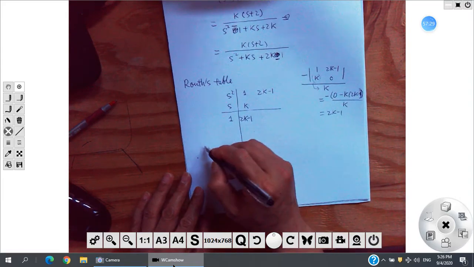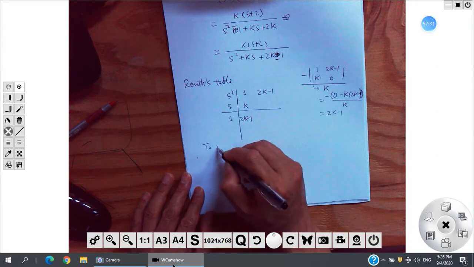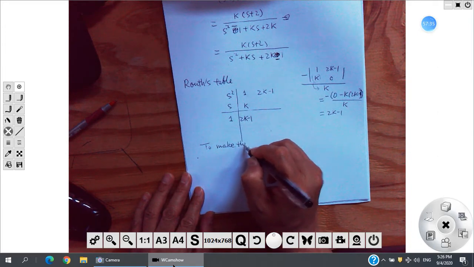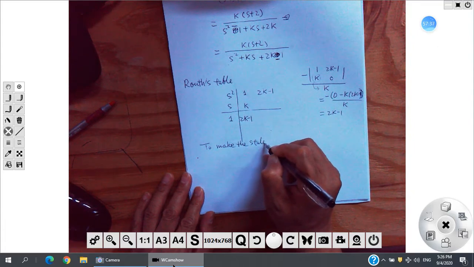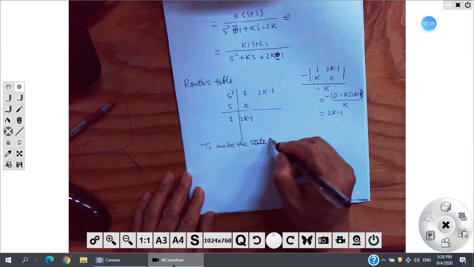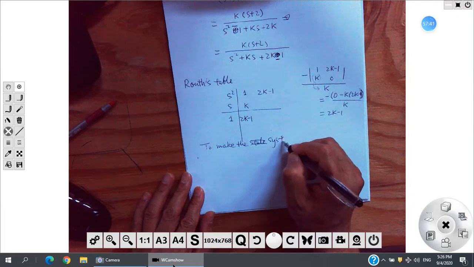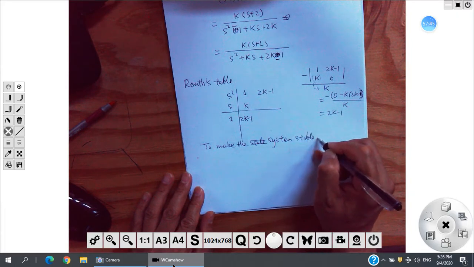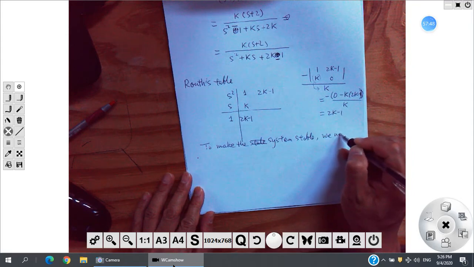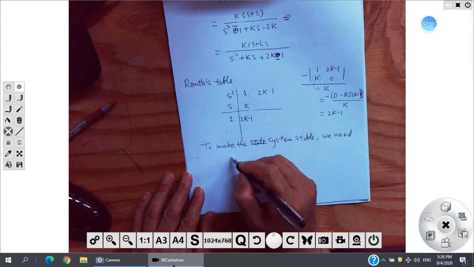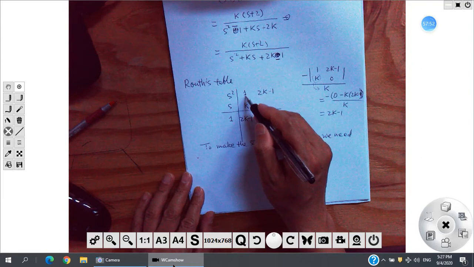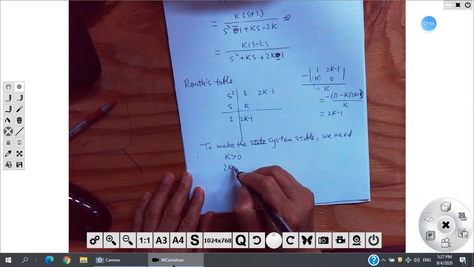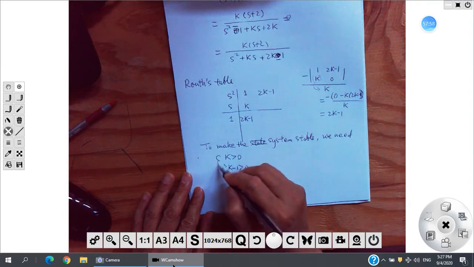Now to make the system stable, we need, because 1 is already positive, k to also be positive, and 2k minus 1 to also be positive.